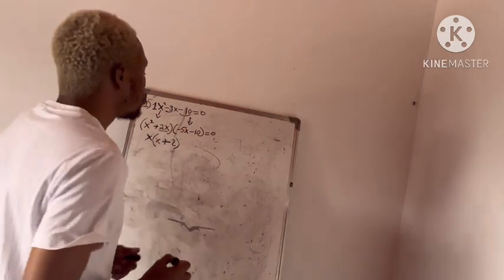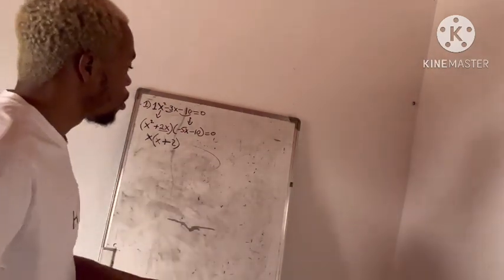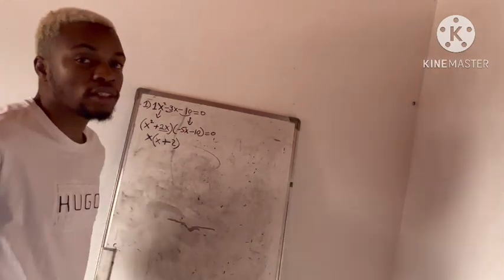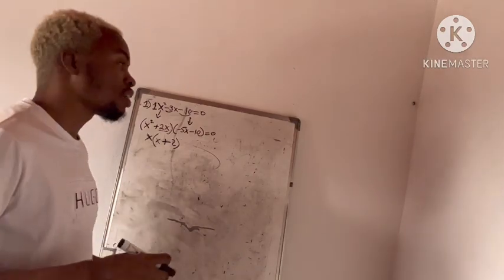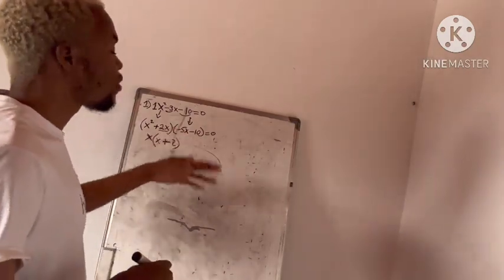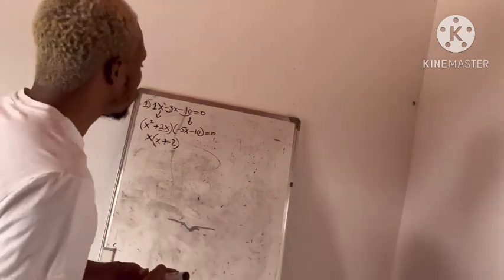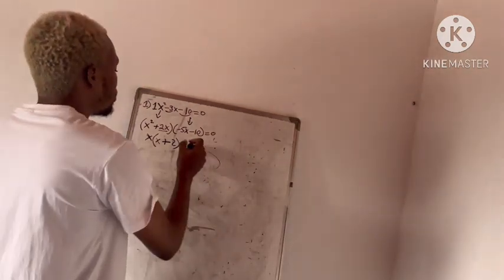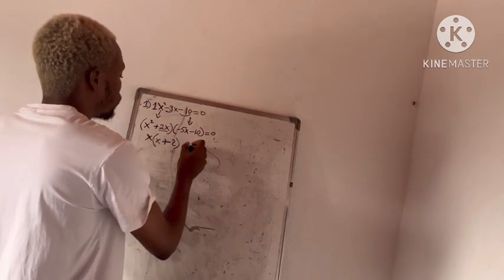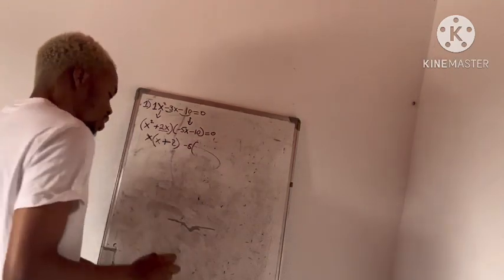The next thing we have to do is factor out minus 5x minus 10. The first thing you have to ask yourself is, what's the common factor of minus 5x minus 10? The common factor there, you can see, is minus 5. So you take it out.